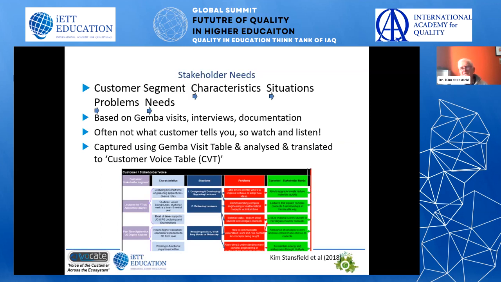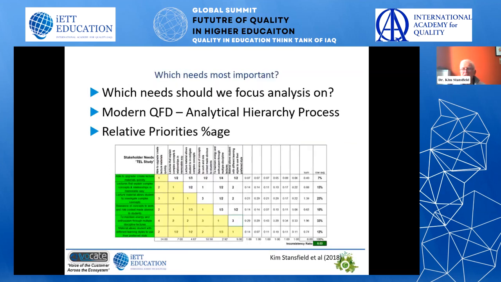And also, these things are captured using a Gemba visit table that's analyzed and translated to a customer voice table. The important column here going across is coming to what's the stakeholder needs. And then using one of the modern QFD prioritization techniques, analytical hierarchy process, to really flesh out.